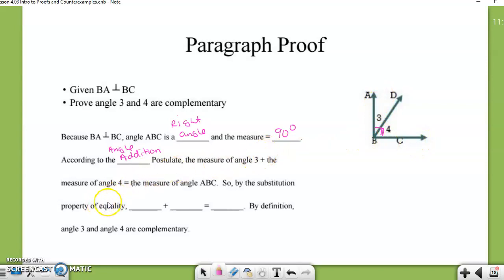So by the substitution property of equality, the measure of angle 3 plus the measure of angle 4 equals 90 degrees. I'm substituting this 90 degrees for the measure of angle ABC. And by definition, when two angles are added together that equal 90 degrees, angles 3 and 4 are complementary. So that would be a paragraph proof.